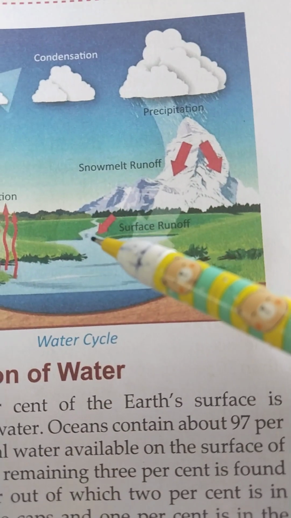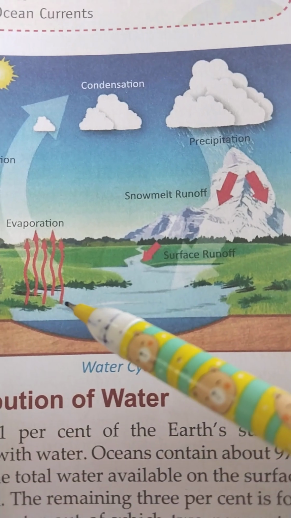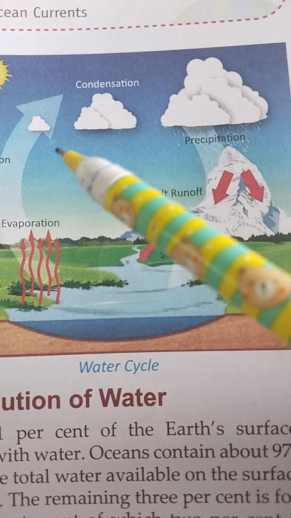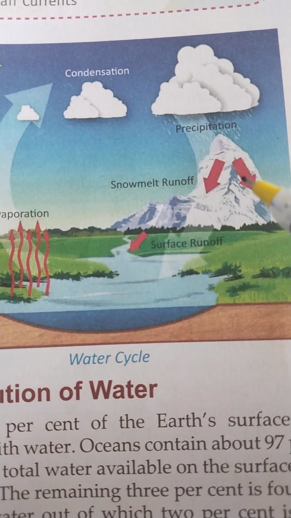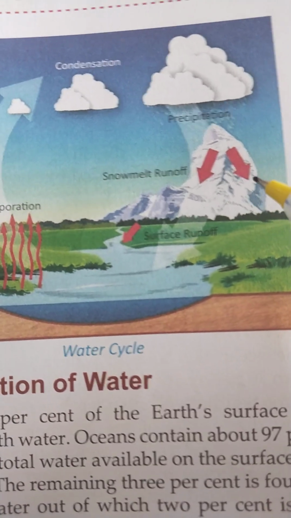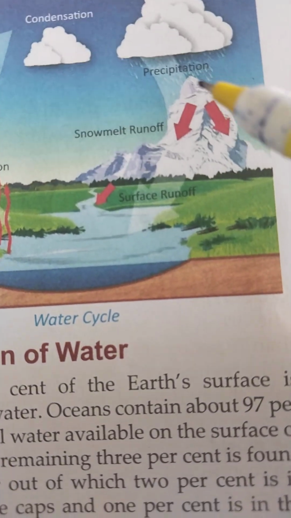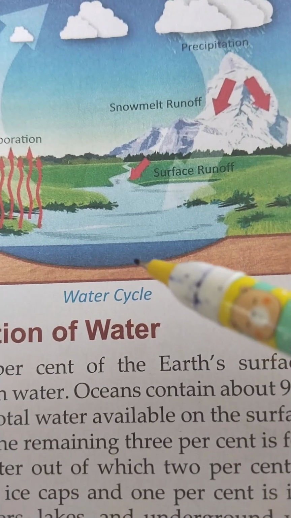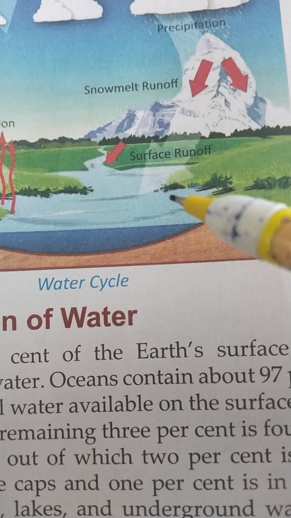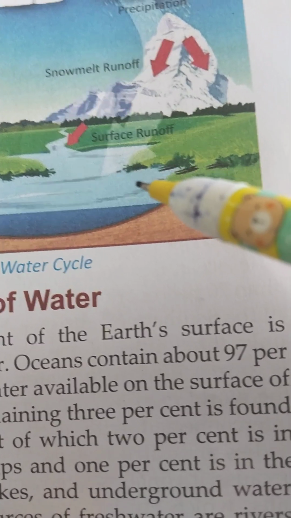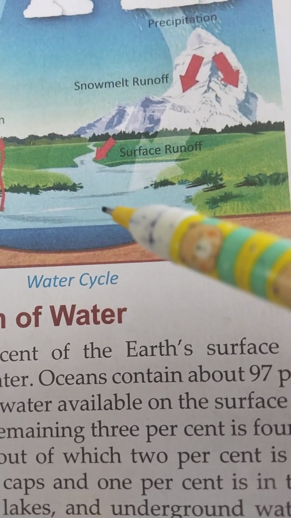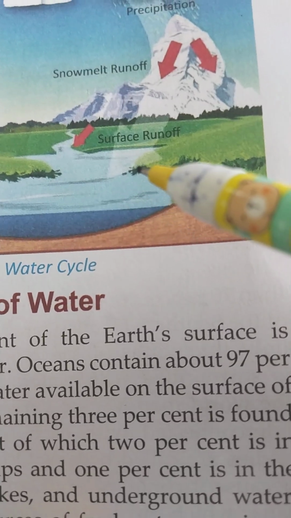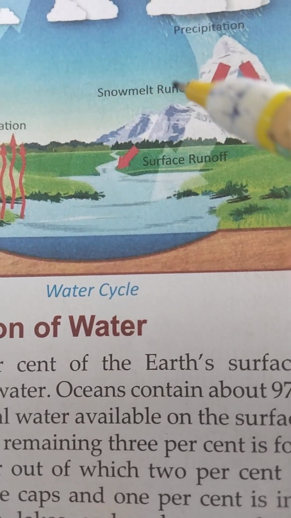Again it comes down in the form of precipitation, like rain, sleet, etc. The water falling on the land again collects in the rivers, lakes, ocean, and in the layers of rocks, and again it reaches back to the rivers and oceans, and there again it gets evaporated. This way the water cycle keeps on going.